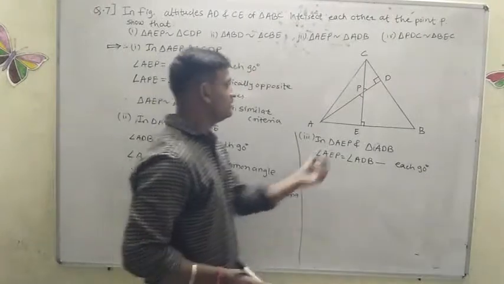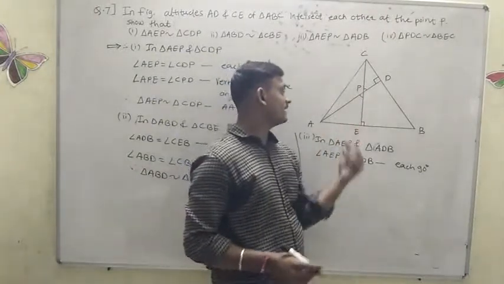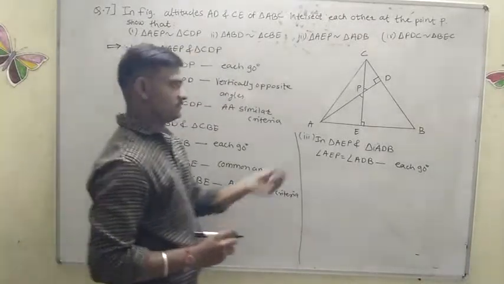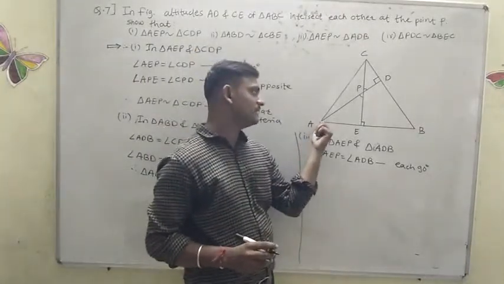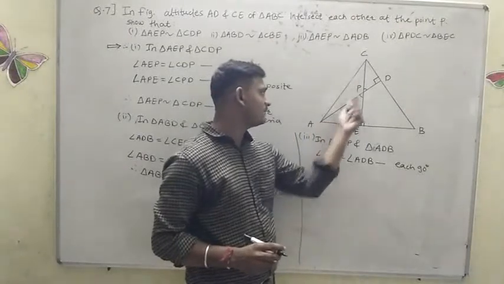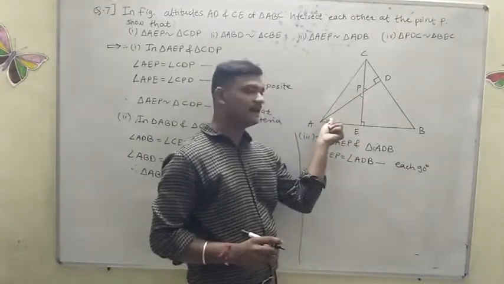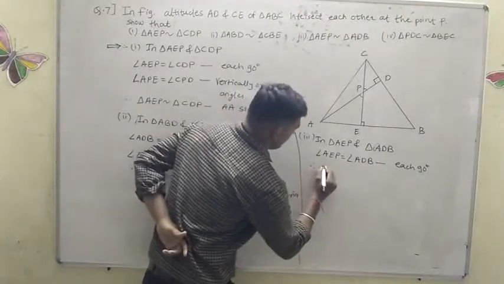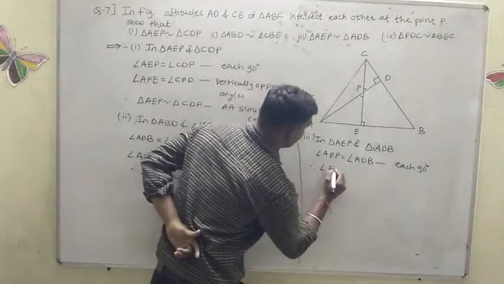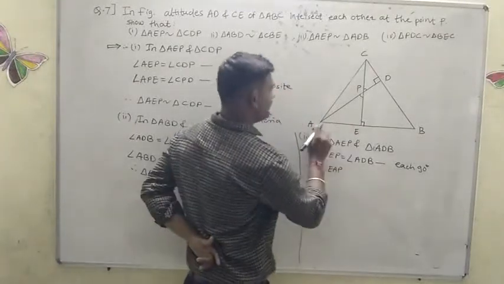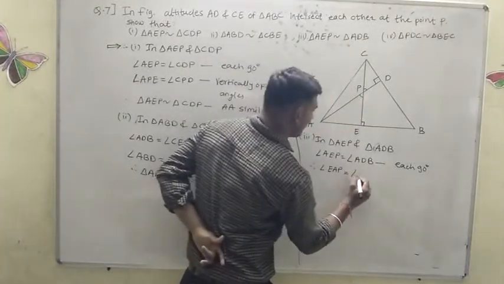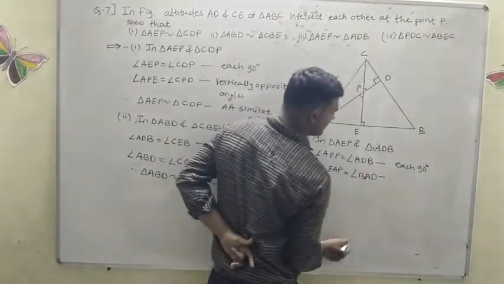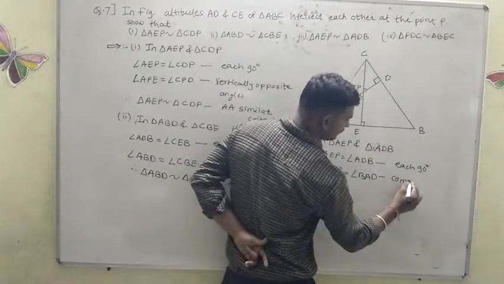Now you have to check in both the triangles whether one of the angles is common. Observe here, angle A is common in both the triangles, triangle AEP and triangle ADB. Therefore, angle EAP is equal to angle BAD because angle A is common here.